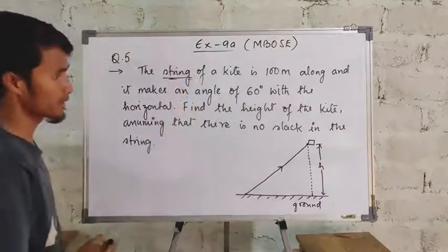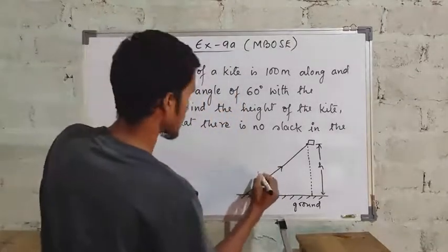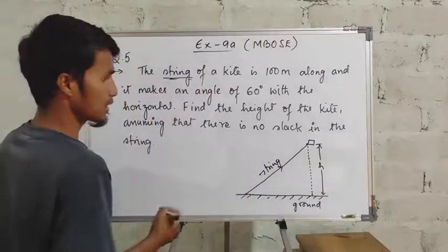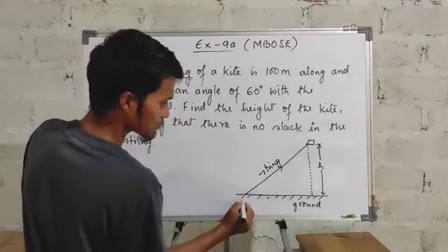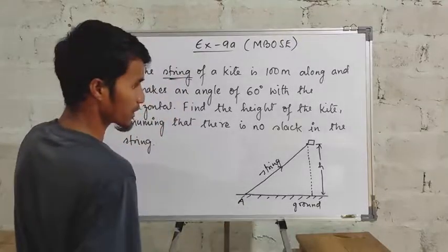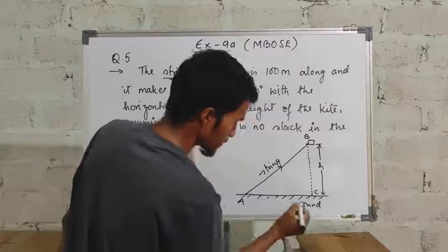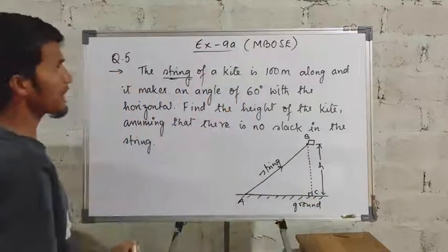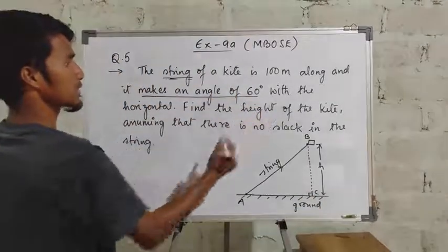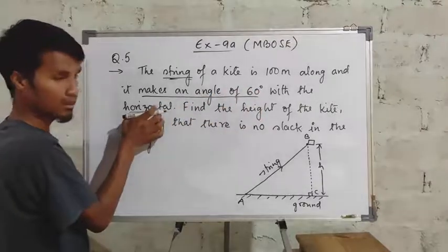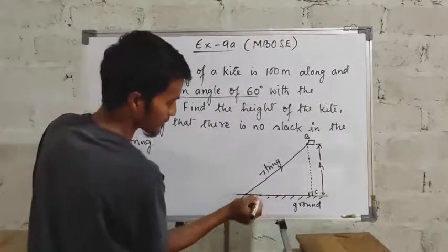This is the thread, the string. Let's take this as point A, this as point B, then this as point C. And the angle it makes with the ground, with the horizontal, is 60 degrees. This is horizontal.